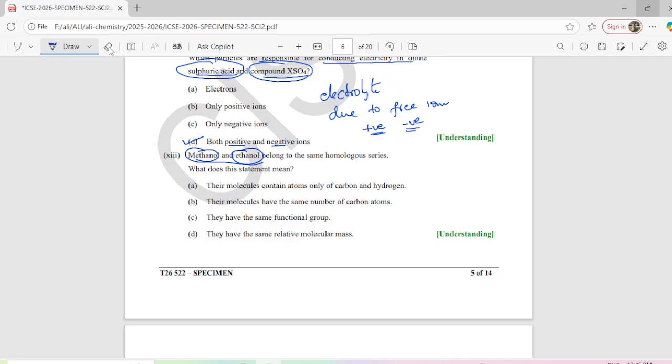Let's see which statement is correct here. Their molecules contain atoms only of carbon and hydrogen, which is not correct, because alcohols contain oxygen also. Their molecules have the same number of carbon atoms. No, methanol has only 1 carbon, ethanol has 2 carbons. So the second one is also not correct.